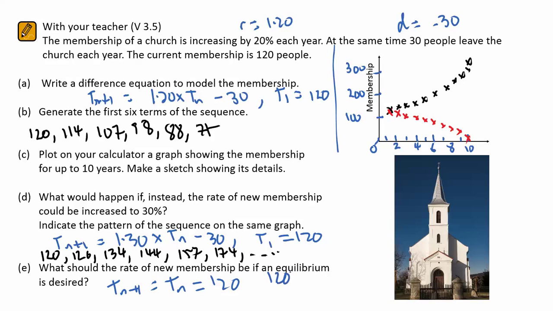So 120 is equal to R times 120, take 30. I'm running out of room for transposition, but when you do that, 150 over 120, which is 1.25 or 25% increase each year.